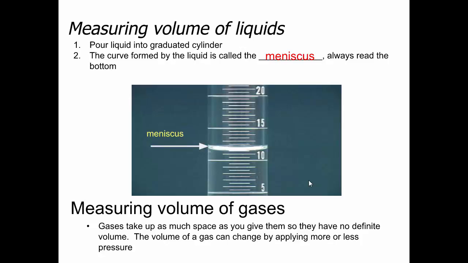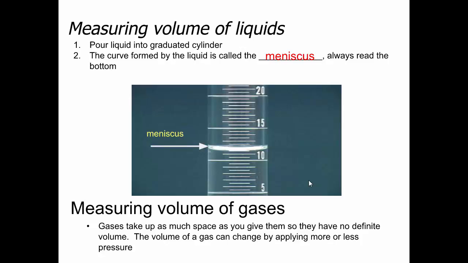What would you say is the volume of water that's shown? Let me ask you this question instead: what is each line worth in this graduated cylinder? Will this make sense?